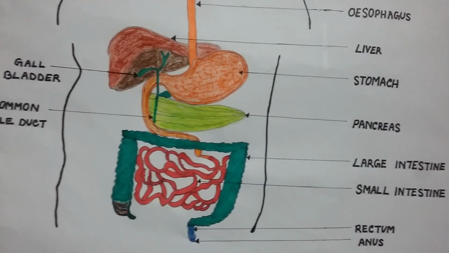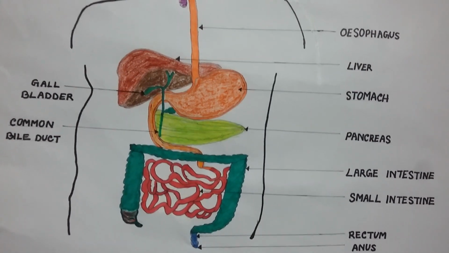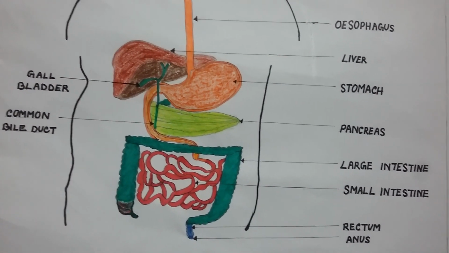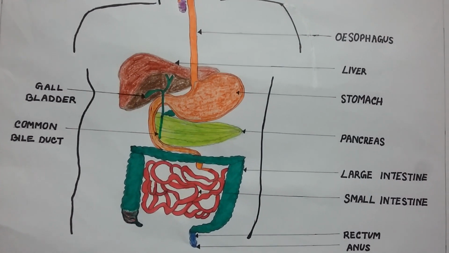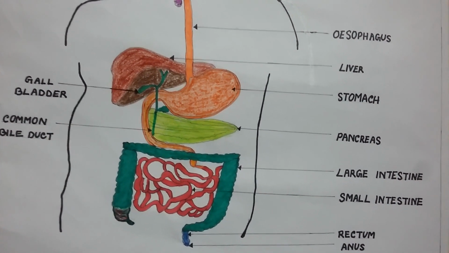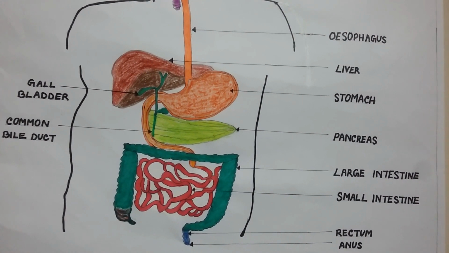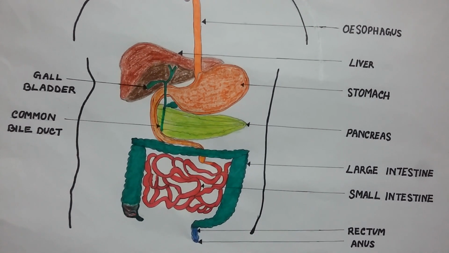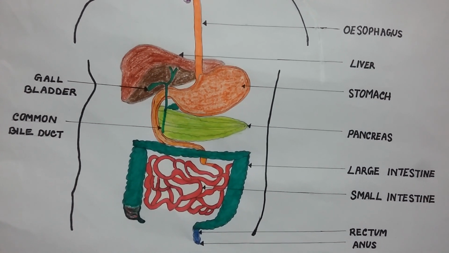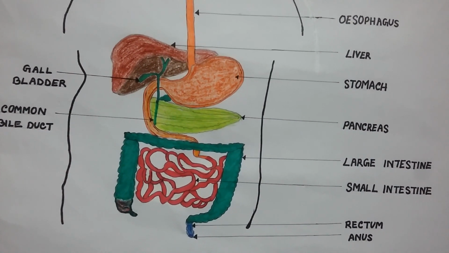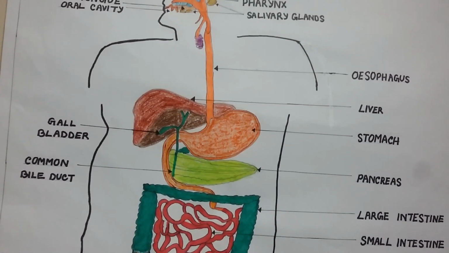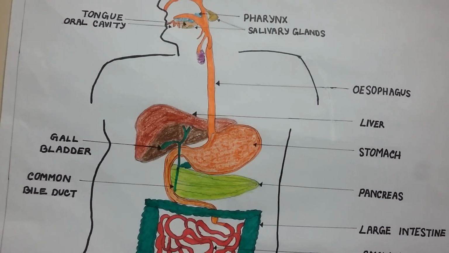These digestive juices convert complex insoluble food substances into simple soluble food substances. The digestive tract and the associated glands together constitute the digestive system. Now, we have learned that human beings have a mouth for the ingestion of food. What is ingestion?